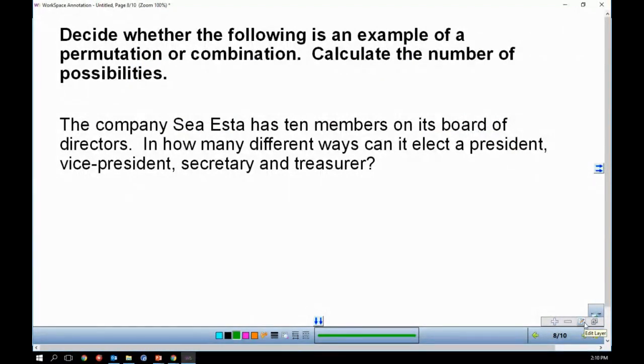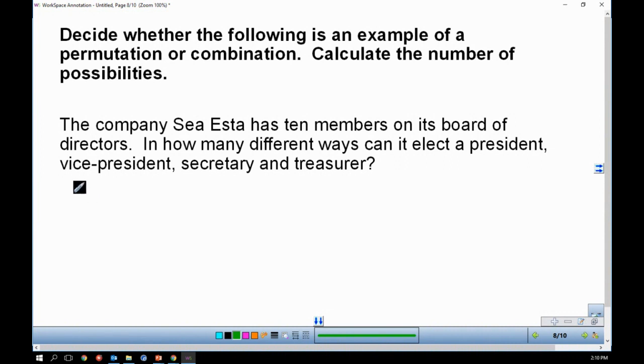Now we have to pick combination or permutation and then use the correct one. The company has 10 members on its board of directors.